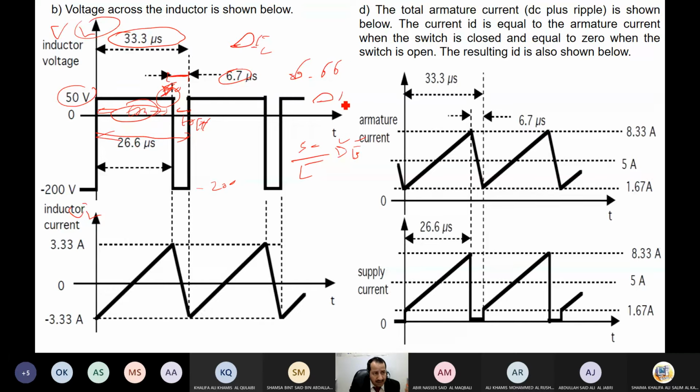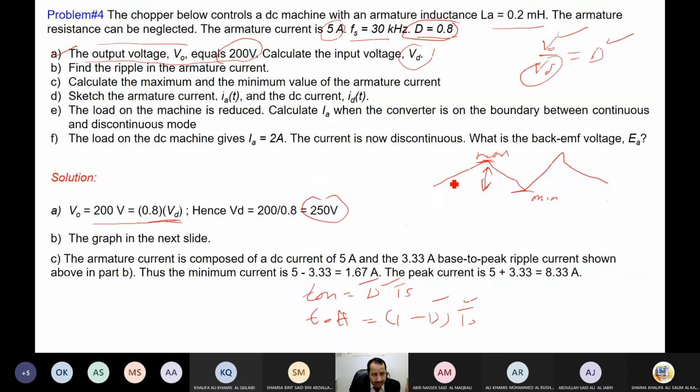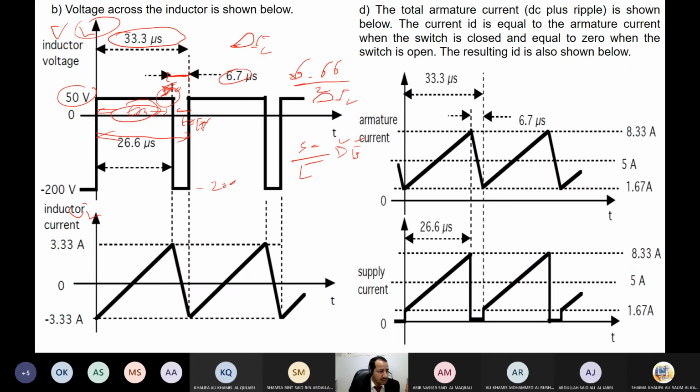This is delta IL. Now, if I divide it by 2, because you remember I mentioned that the part here is delta IL over 2 and the part here is delta IL over 2, then the current will be in this range, plus 3.3 and minus 3.3.